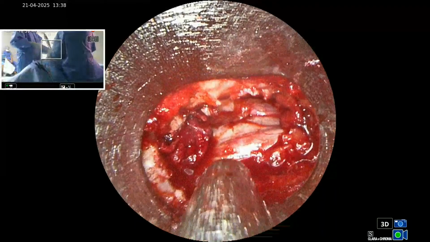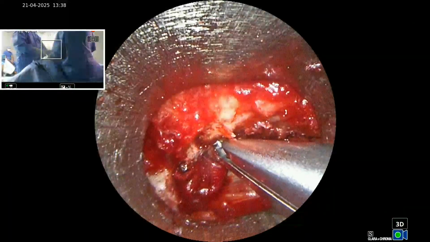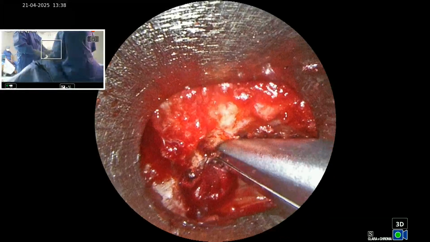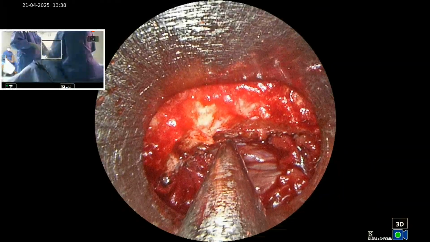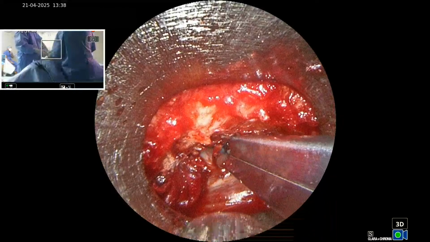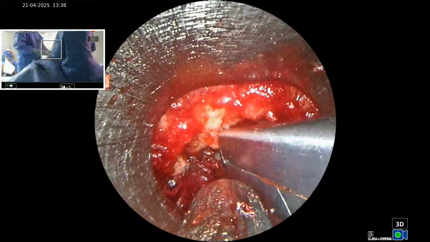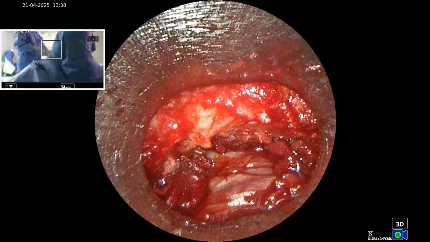So the foramenotomy is done, the deroofing of the foramen. You can see the bone pieces. Now my tension angle is protecting, and I am taking the bite.